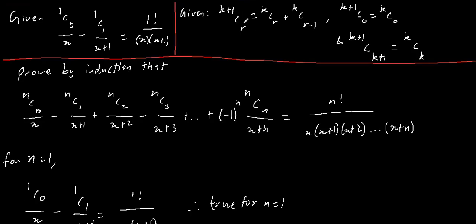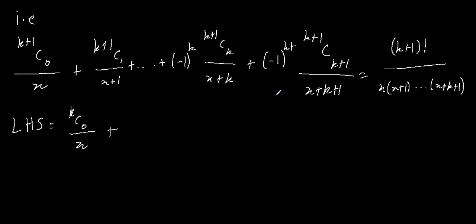For any value r, k plus 1 c r is k c r plus k c r minus 1. So if r is 1, that means it's k c1 plus k c, wait, why is this a plus? This shouldn't be a plus. My bad. Scratch that, that's a minus.